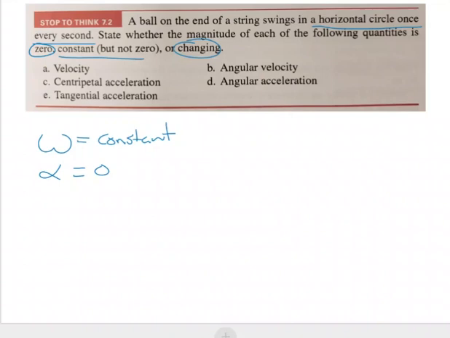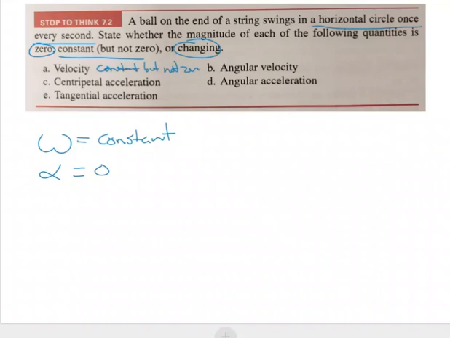Okay, so the velocity. The velocity is just like the straight line velocity, right? So velocity for A, what is it? The velocity of the ball as it moves would be constant but not zero. Definitely not zero.